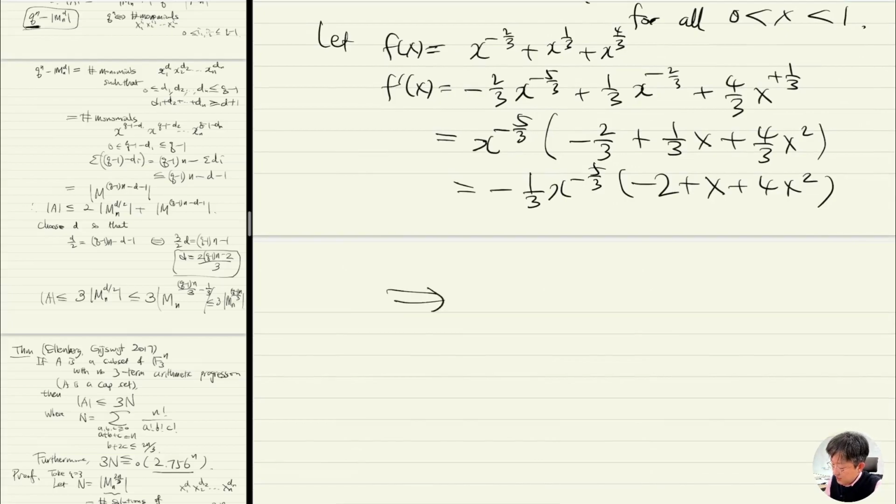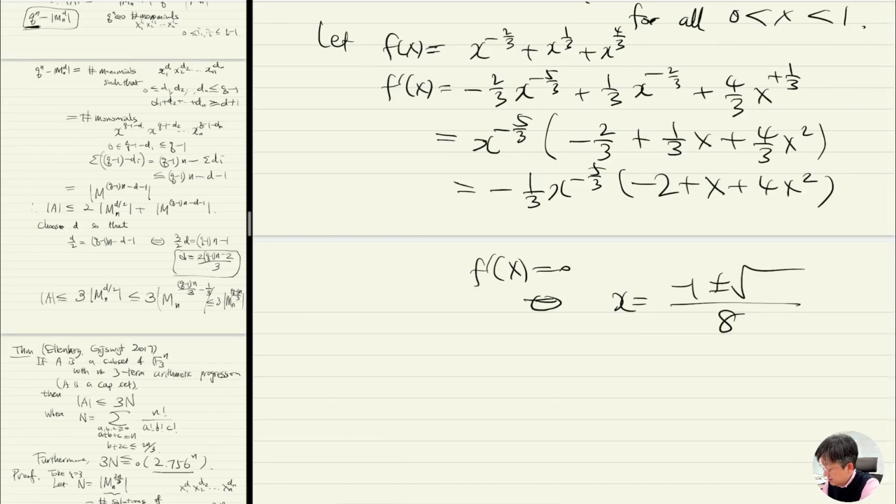And then if you solve it, f derivative is 0 if and only if x is, right, so over 8, you have minus 1 plus or minus the square root of 1 squared minus 4 times 8 times minus... oh, but plus 32, right? So it's minus 1 plus or minus square root 33 over 8.